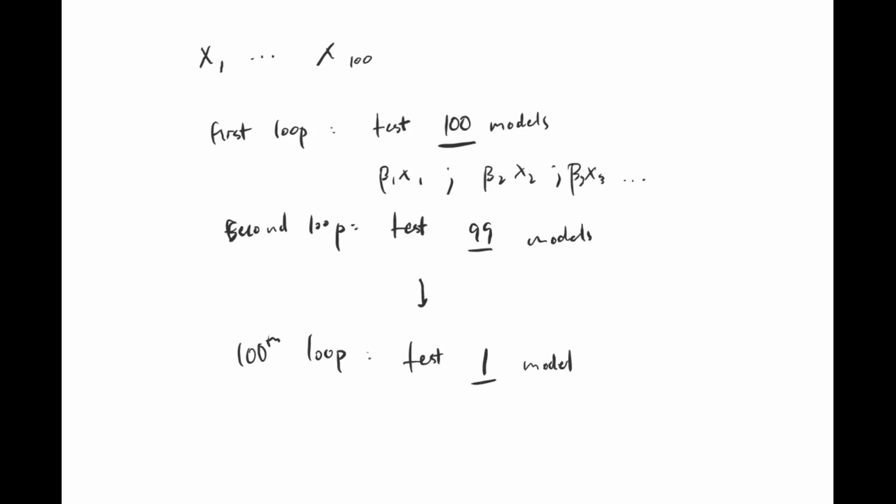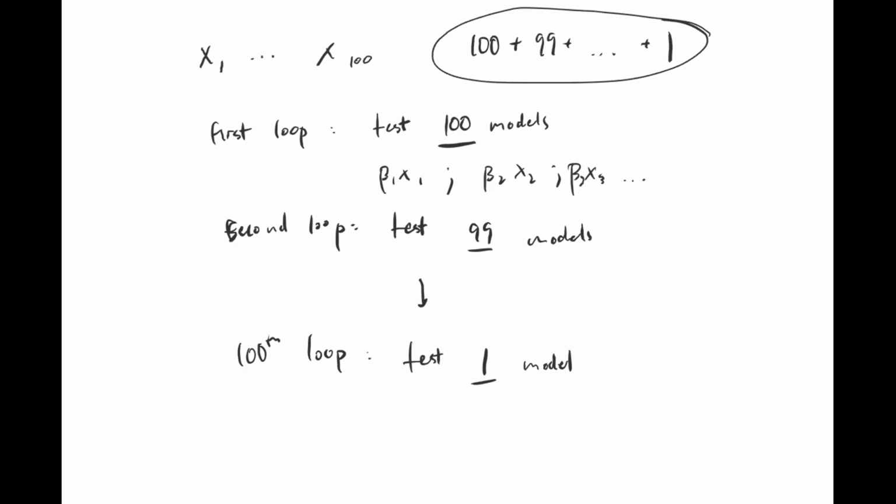So the number of models that you would have to test would look something like this in a stepwise regression. And the big benefit of this is that this number is substantially smaller than 2 to the 100, right?